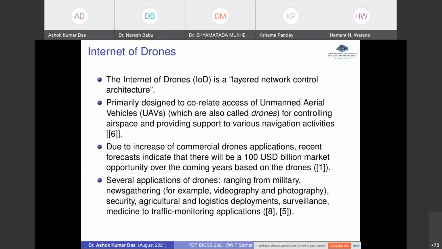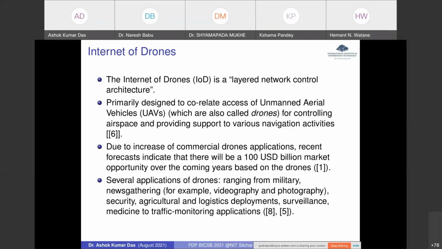Sometimes we also call drones unmanned aerial vehicles, UAVs. They are responsible for controlling airspace, and they also provide various navigation activity support.